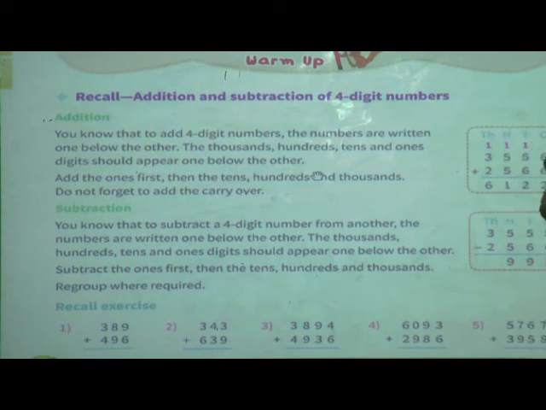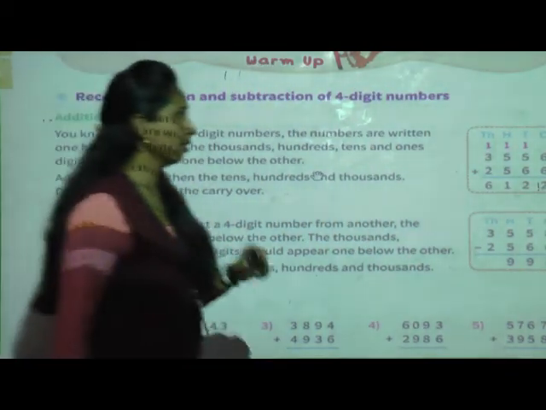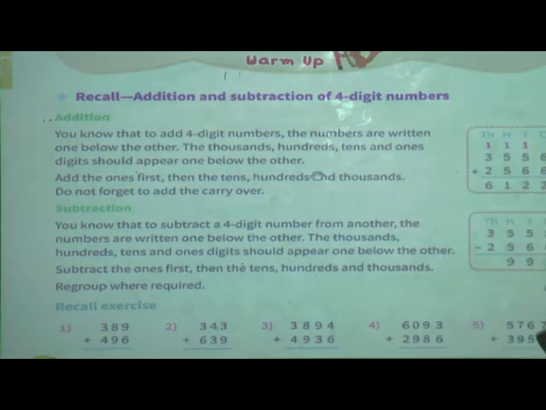Now see this example, 6 plus 6, 12. So 2 will be written in the ones place, and 12 has a ten, so this 1 will carry over to the tens place. Then again add 1 plus 5, 6, 6 plus 6 is 12, so 2 will remain here, 1 will go to the hundreds place.